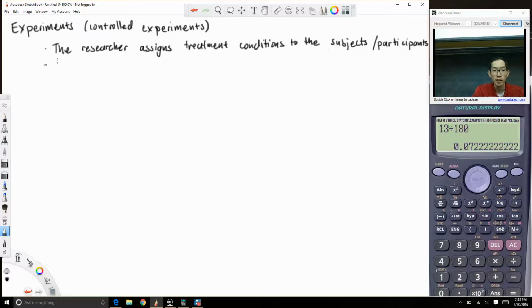Ideally, the researcher can assign identical conditions to everyone with the exception of the treatment.